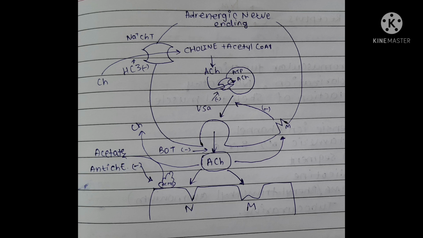This choline then again enters into the cell for the synthesis of acetylcholine. The reuptake of this choline occurs via the sodium choline transporter and it is inhibited by hemicholinium. The acetylcholine esterase enzyme is inhibited by anticholinesterases, and the release of acetylcholine by the process of exocytosis is inhibited by botulinum toxins.